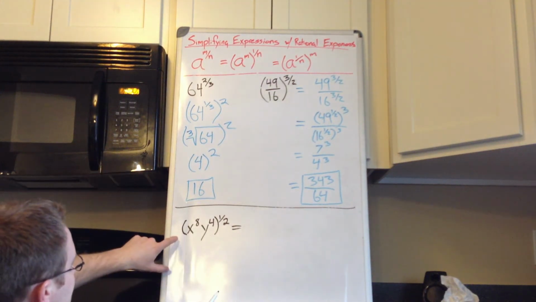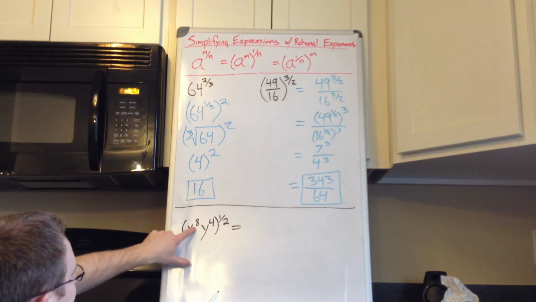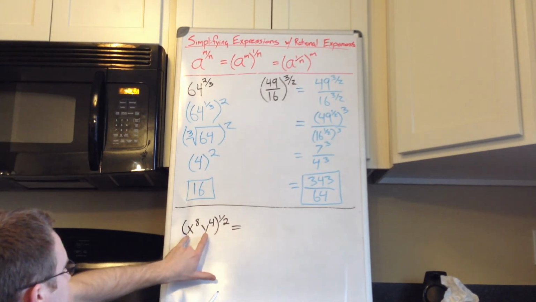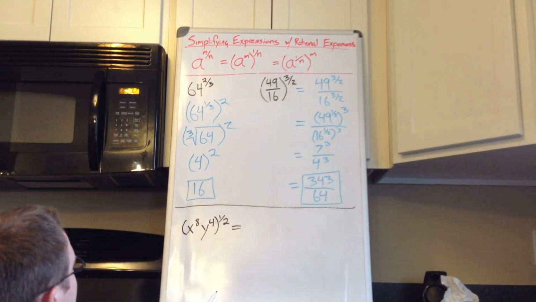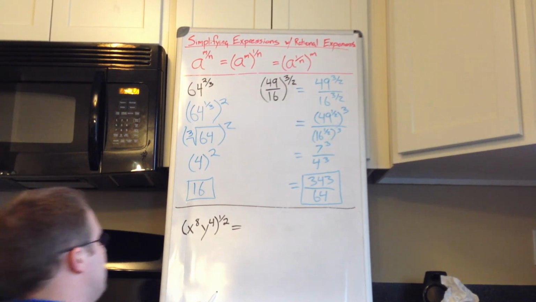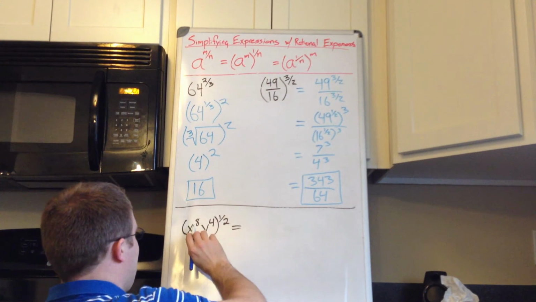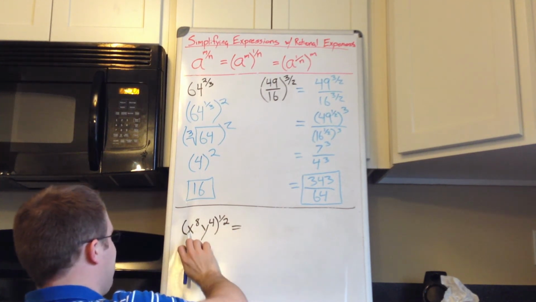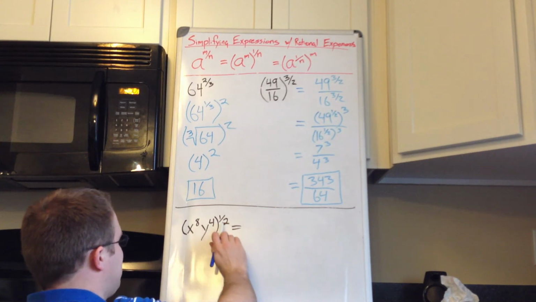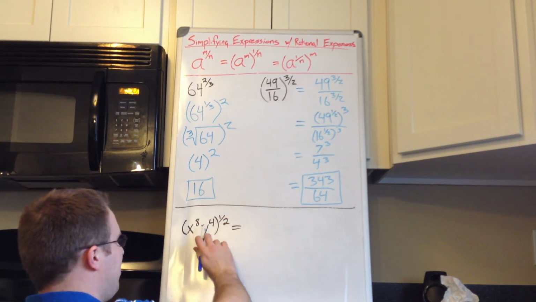Moving right along down here, we have x to the 8th raised to the 1/2 and y to the 4th raised to the 1/2. Both of these are raised to the 1/2 power. So when we raise a power to a power, we just multiply the exponents. So we're going to multiply 8 times 1/2, that's going to be the exponent of x, and then 4 times 1/2, that's going to be the exponent of y.